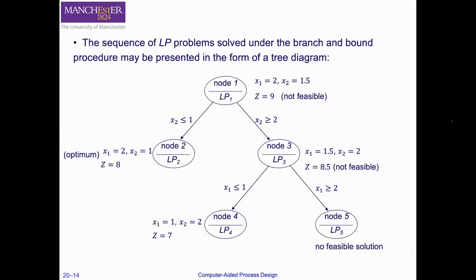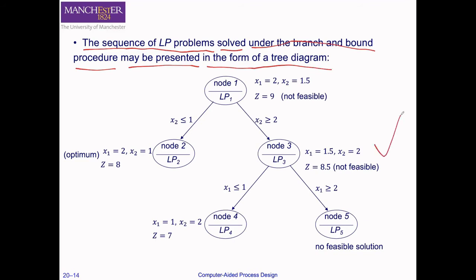As you can see, we solve a sequence of linear programming problems based on the idea of the branch and bound method. The sequence of LP problems solved under the branch and bound procedure may be presented in the form of a tree diagram. This is a tree diagram.